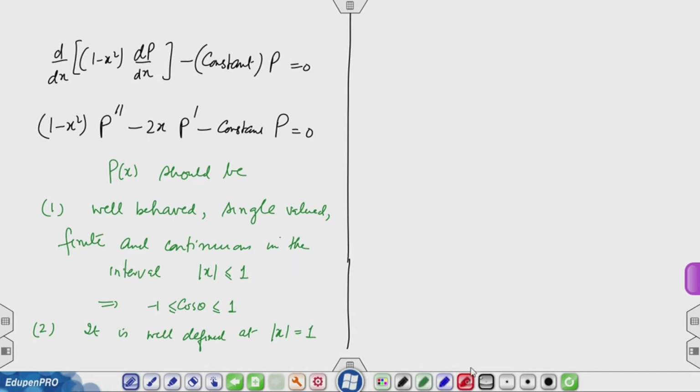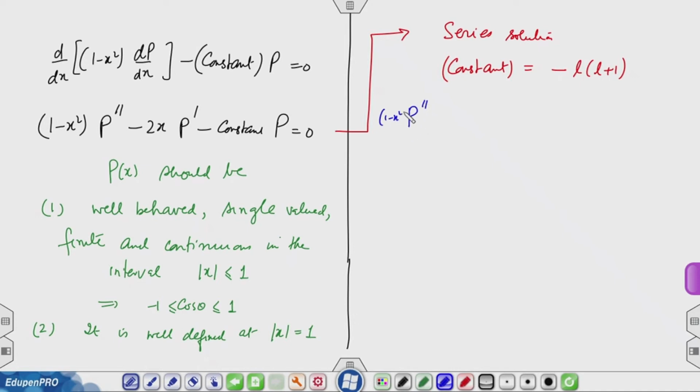As you know, this is an eigenvalue problem with proper boundary conditions, and you do a series solution. Then you get this constant that I am writing to be equal to minus L plus 1, then only the series terminates, and the equation then becomes p double prime (1 minus x square) minus 2x p prime plus L(L plus 1) p of x equals 0.